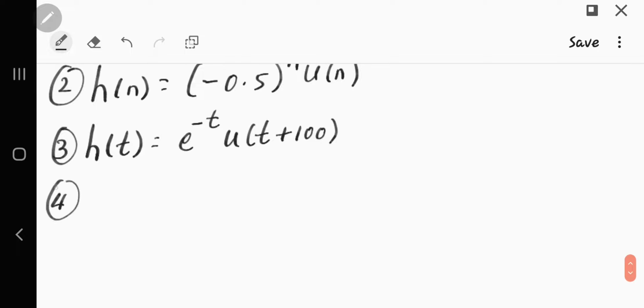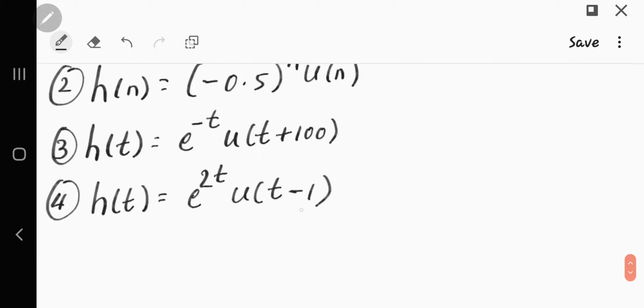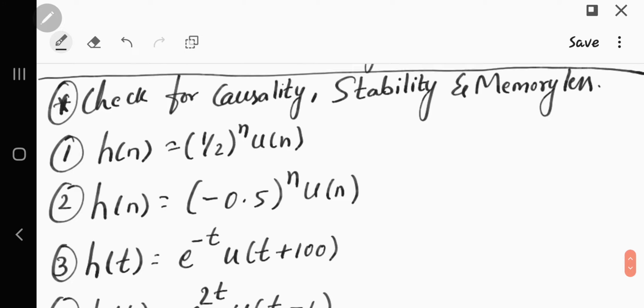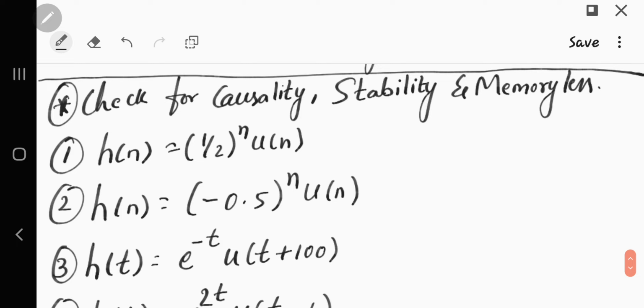Try one more here, which is similar to the previous one, but try it out. E to the power of 2t u of t minus 1. So try these four examples and verify for the properties of causality, stability, and memoryless.